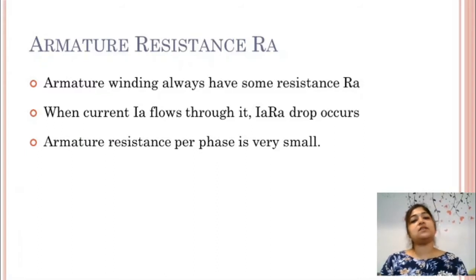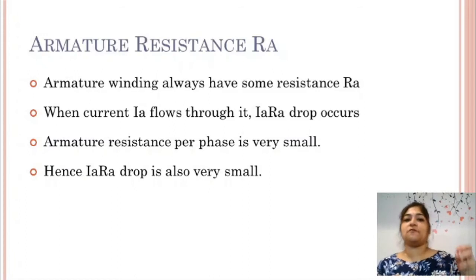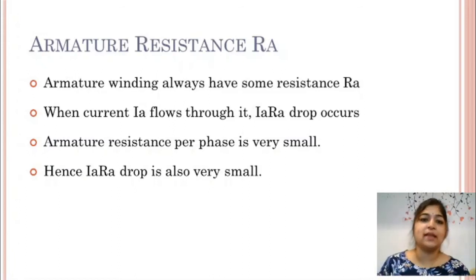Now, armature resistance is always taken per phase, because resistance and reactance are always taken per phase, and the value is very, very small, as the IARA drop is very, very small. Just keep this in mind. This will help you while drawing the phasor diagram as well. When you draw the phasor diagram, you have to keep in mind that the IARA drop is very small as compared to other phasors, right?